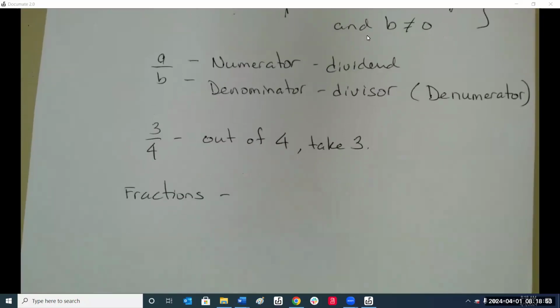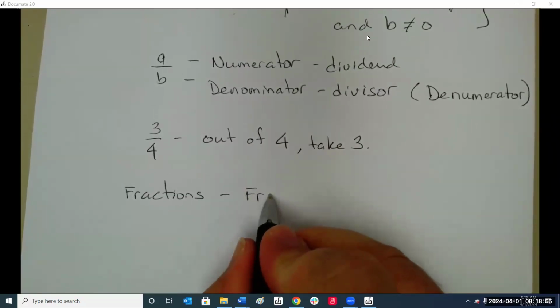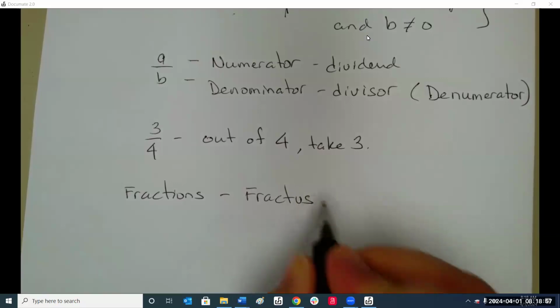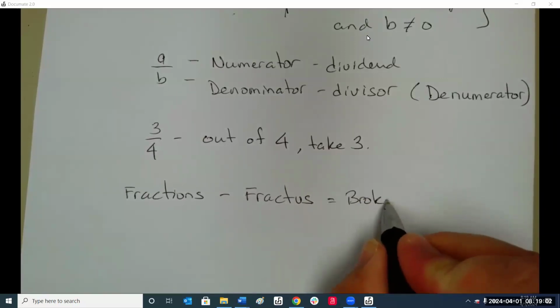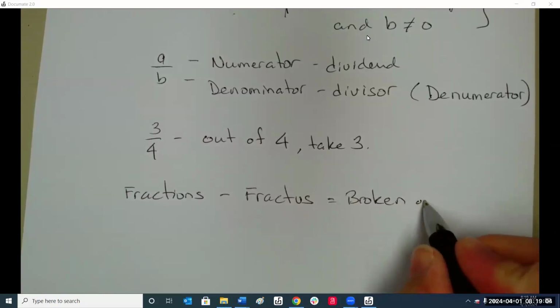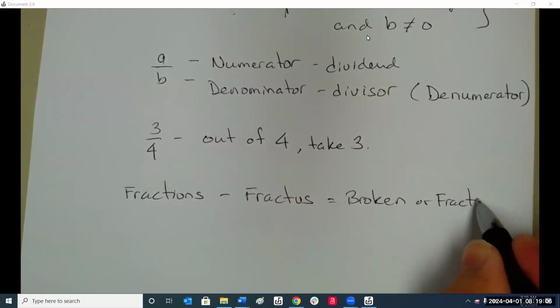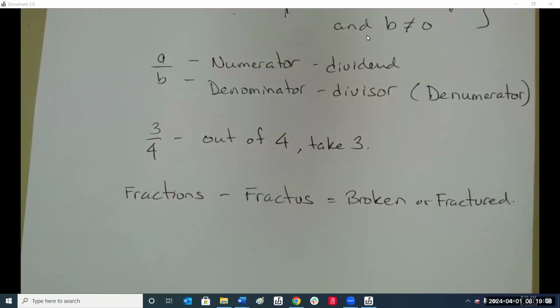Fractions come from the Latin word fractus, which means broken or fractured. So that's what's happening.